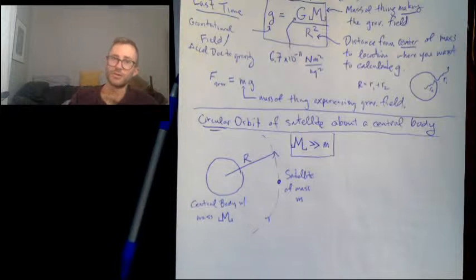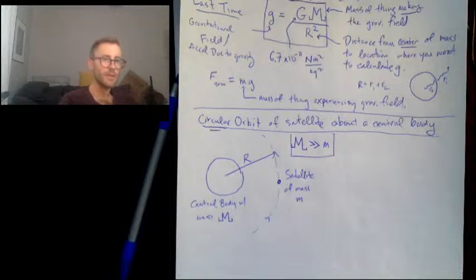Fun fact, the closest star system to the sun is called the Centauri system, and it is not a binary star system, it is a trinary star system.